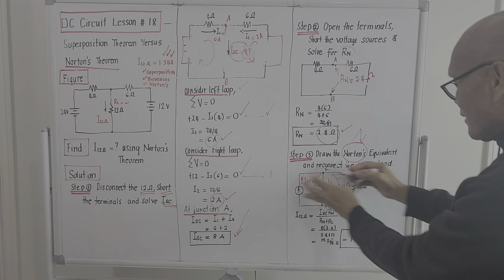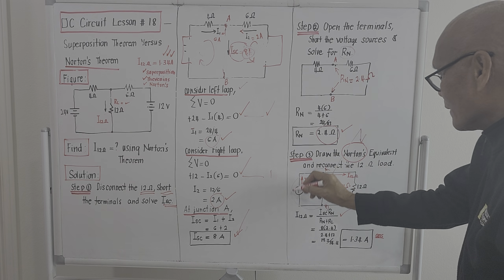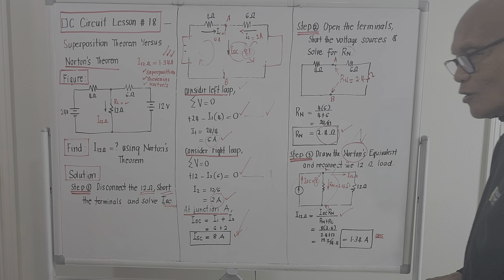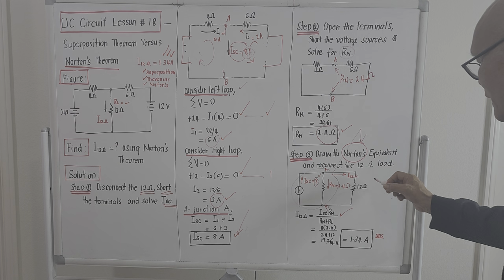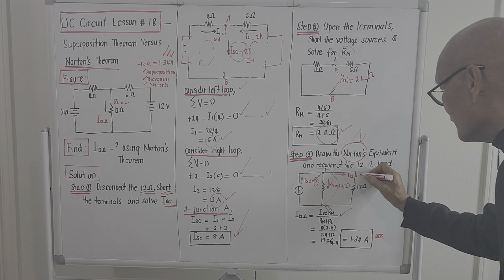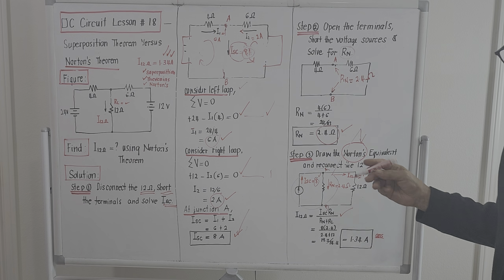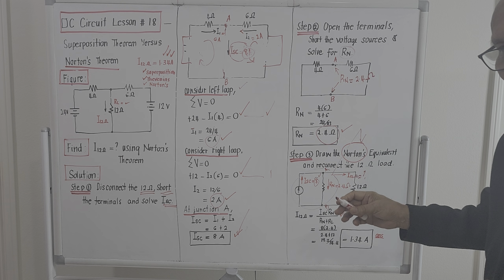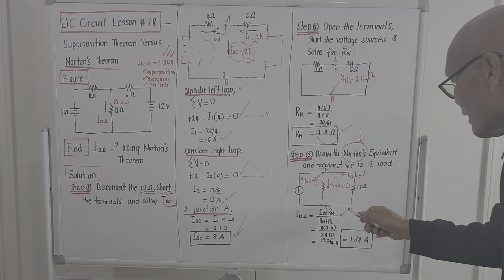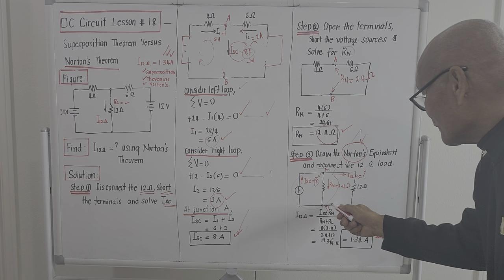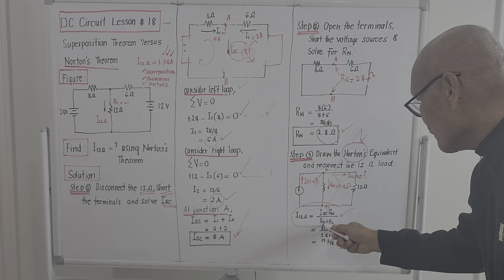So if we try to reconnect, this will be the total configuration now. And the only missing here now is actually the current passing through the 12 ohm load. Right? And as was derived from the concept of Norton's theorem, this is actually the formula on how to compute.